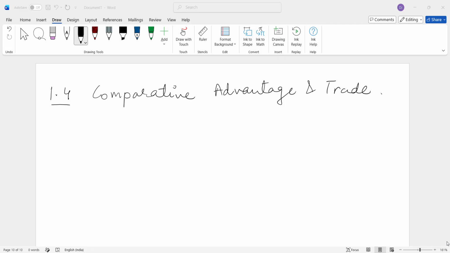The fourth option is that you are producing the same QSO, but your collages production has increased. That's why the PPC curve has shifted only from the collages side. So that's the correct option. Option 5 or E was that the entire PPC curve shifts inward. That's also not correct, because that denotes a reduction in technology or resources, but here it was an increase in resources, the flour.